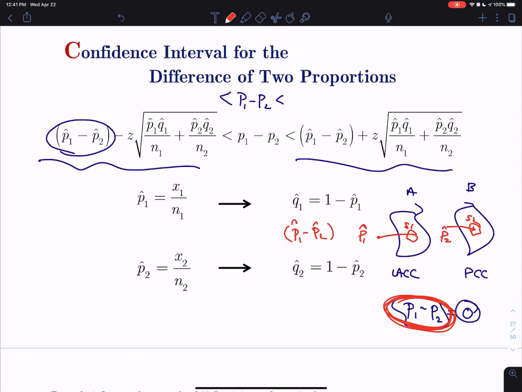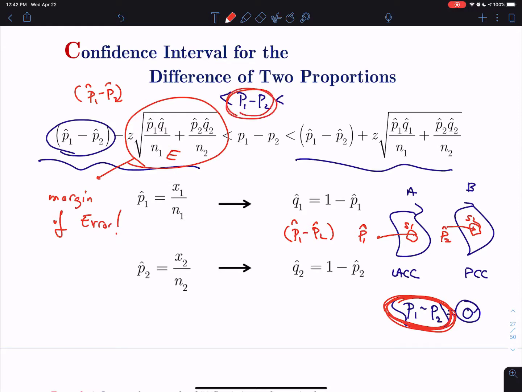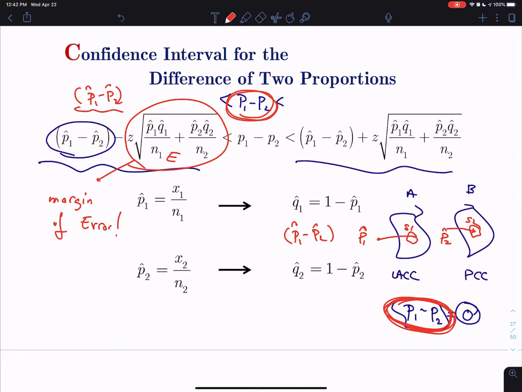So the concept is that you use the difference between the percentages of the samples and you calculate some kind of an error known as the margin of error. And we're not going to get into how that's calculated. That's just mathematics. We're just trying to show you the concept here. So let's call the error E. So you basically estimate the difference of the population proportions based on the sample proportion on each side.